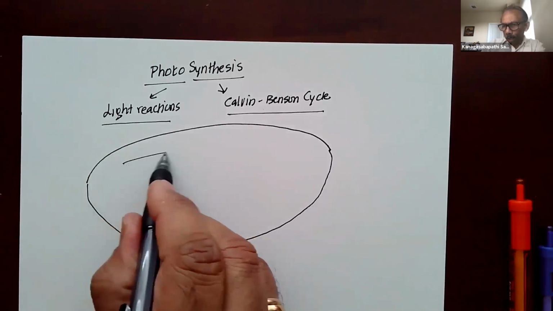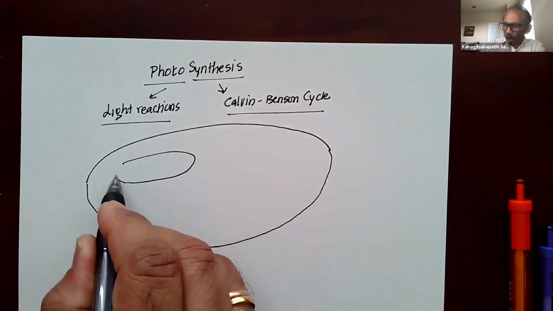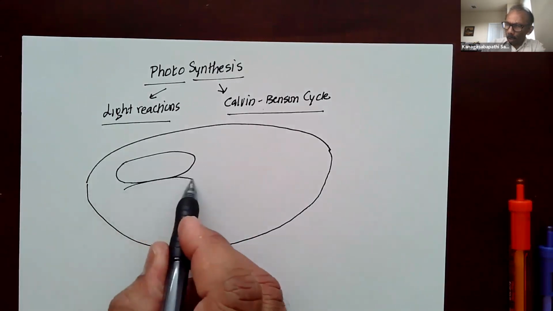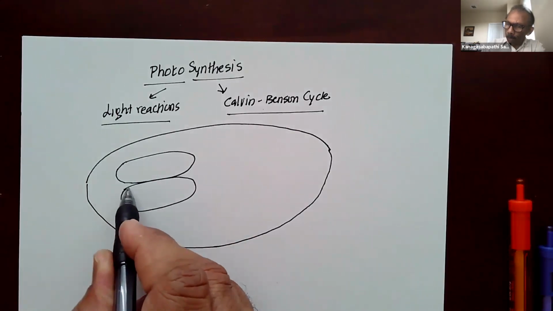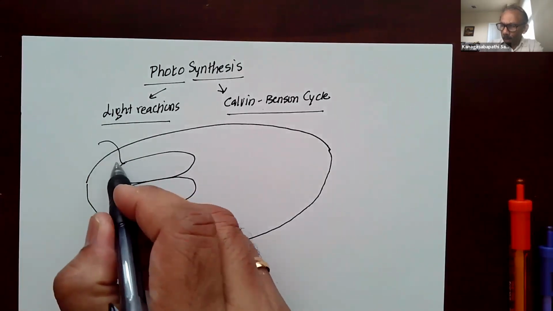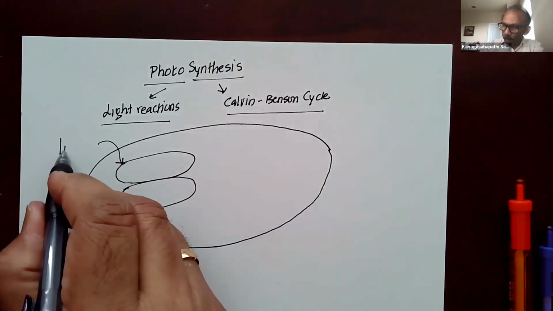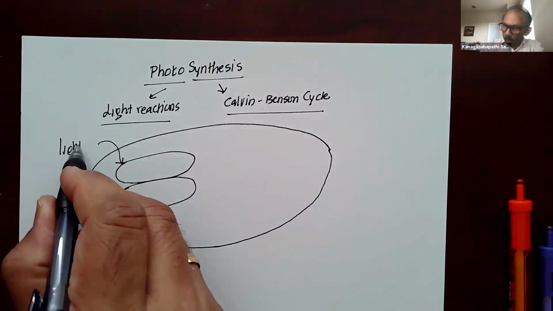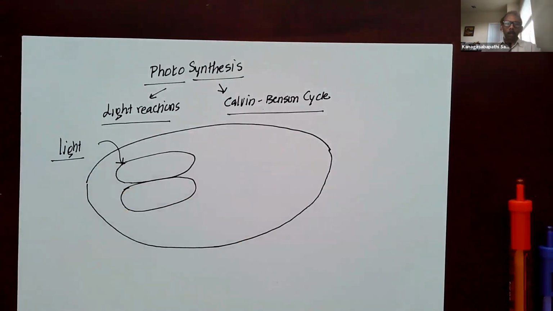Here is the thylakoid membrane, and this is where the light reactions will happen. The light comes in as an input, and it is mainly from sunlight. There could also be artificial lighting that has the same effect.